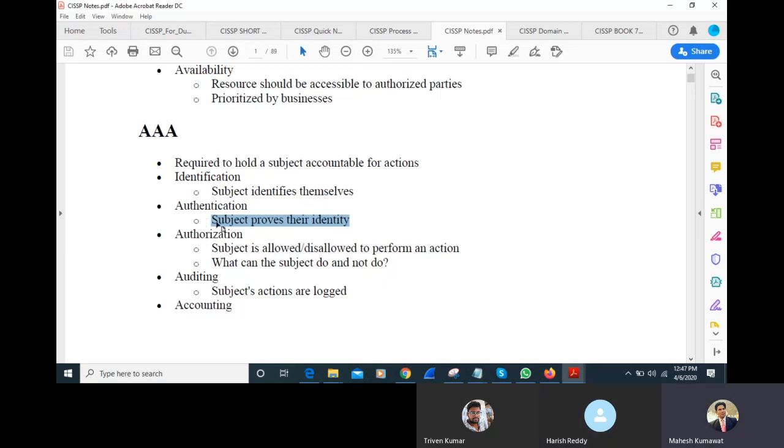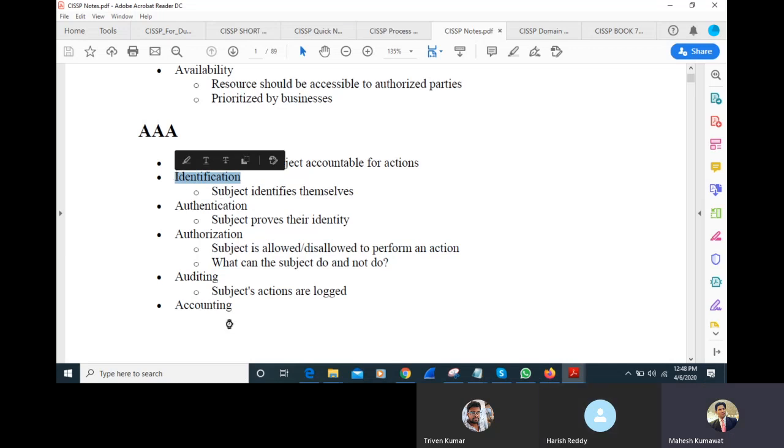Authentication is the subject proving their identity, and authorization is where the subject is allowed or disallowed to perform an action. What can the subject do and not do? Authorization basically tells whether you are authorized for a certain thing or not, whether you can perform this activity or not.